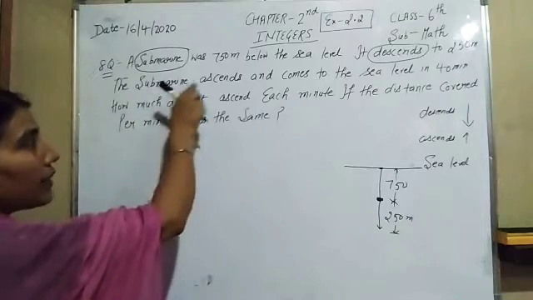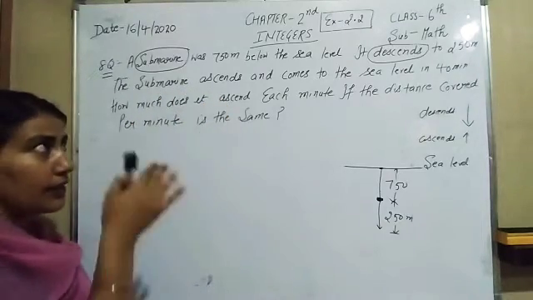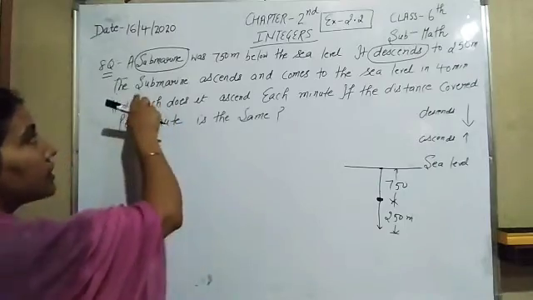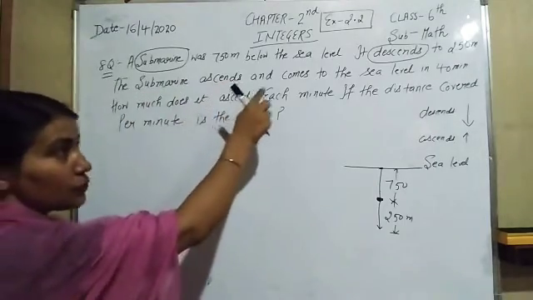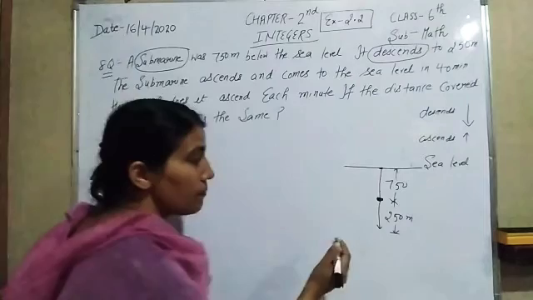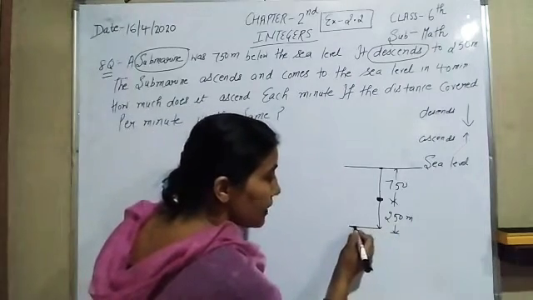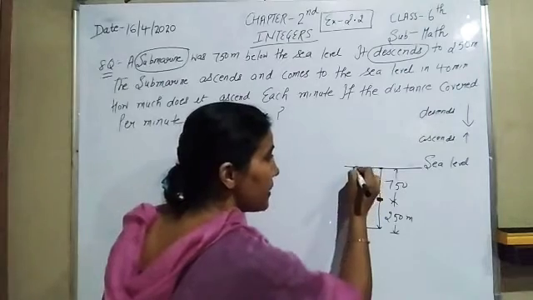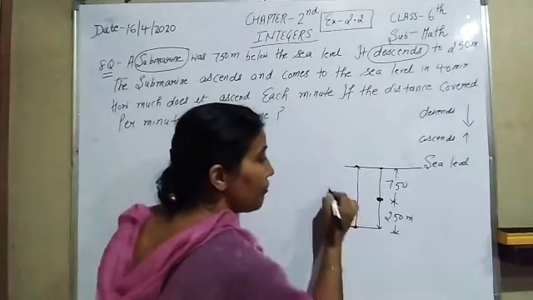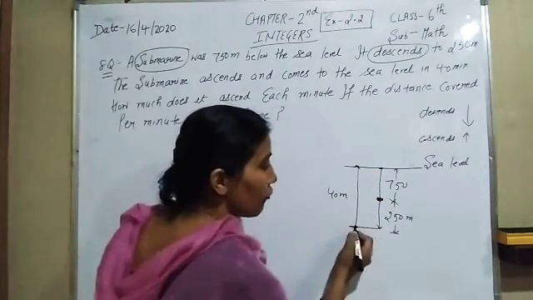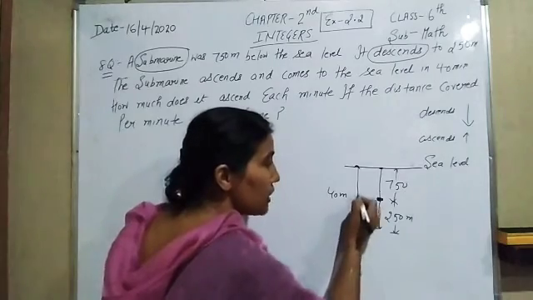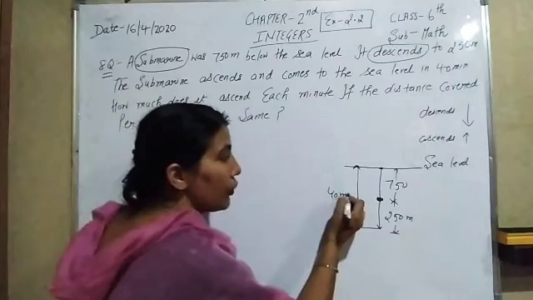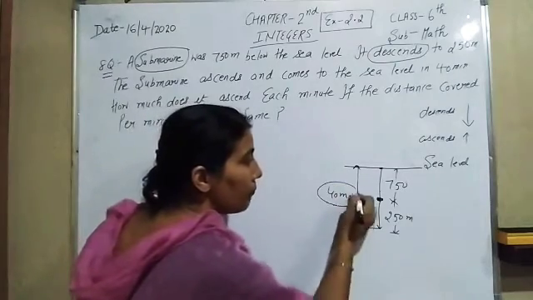The submarine ascends, that means going upward. The submarine ascends and comes to the sea level in 40 minutes. From this position to this position, it again comes to the sea level during the time of 40 minutes.